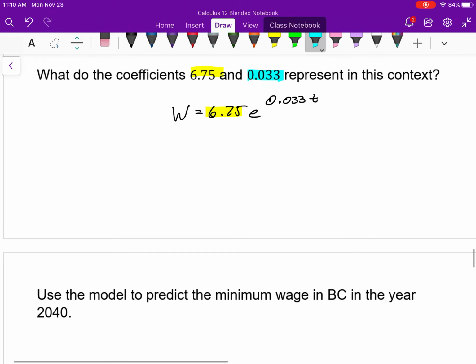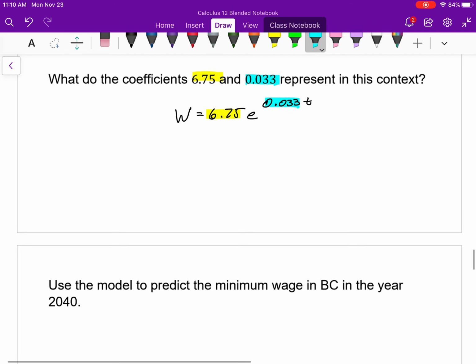Well, let's compare this to that general form I had for continual growth: A equals A naught times e to the rt. So I can see 6.75 is the initial amount, and I can see 0.033 is the rate of growth.